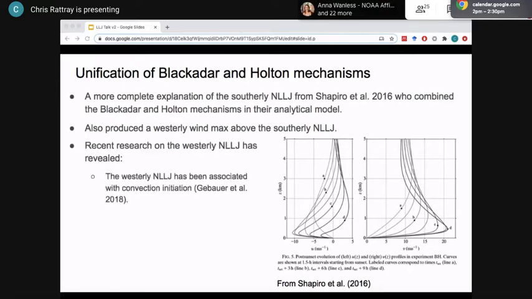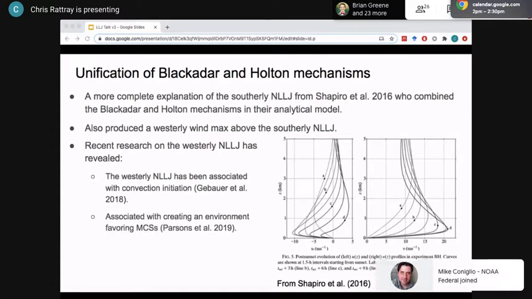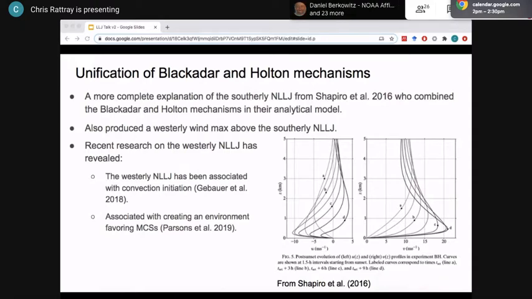This westerly jet has been associated with convective initiation in subsequent work. It has been found to create a more favorable environment for MCSs by increasing convective available potential energy, or CAPE, and reducing convective inhibition, or CIN, aloft.